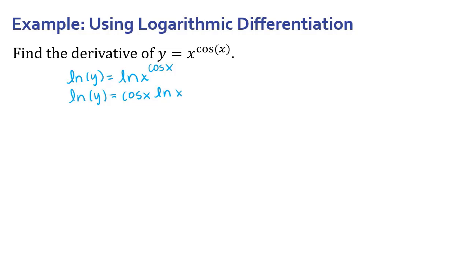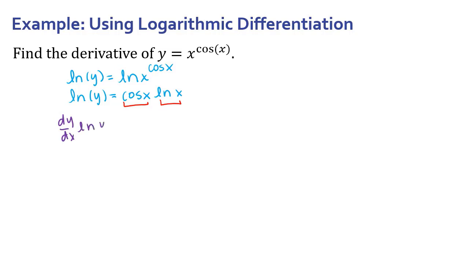All right, so now I'm in a format where I can find the derivative because I know that the derivative of cosine of x is negative sine of x, and the derivative of the natural log of x is 1 over x. So we'll use logarithmic differentiation. All right, so let's take the derivatives of both sides.